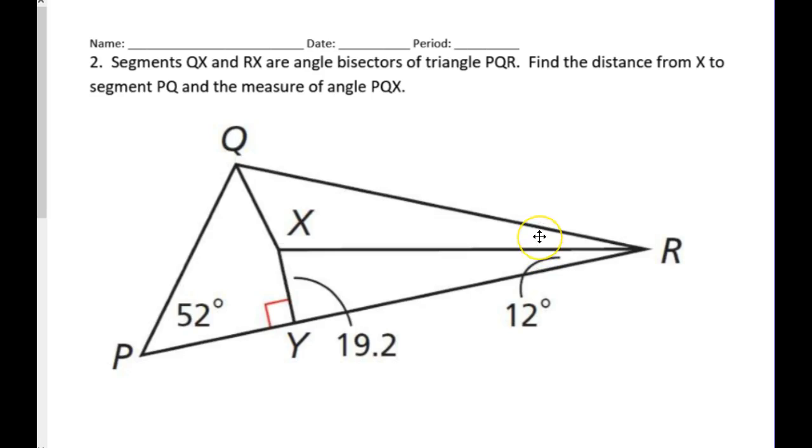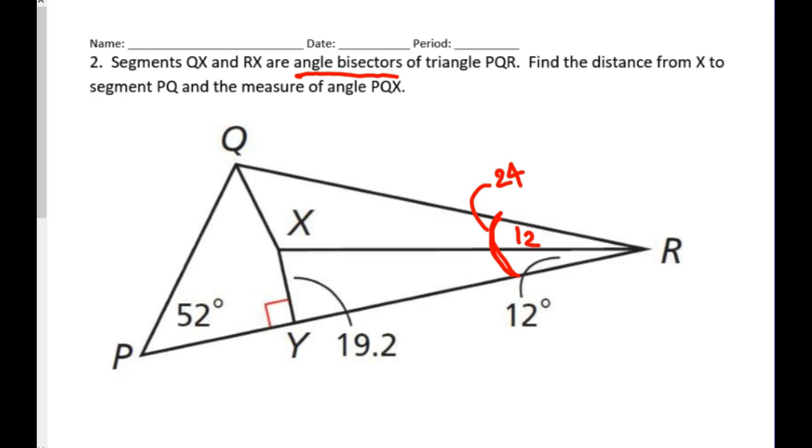XRQ up here is also going to be 12, okay? So let's label that. If both of those halves are 12, what's the whole angle YRQ? 12 plus 12. So yeah, we get 24. So I've got my big angle on the right. QRY is 24. And I got my other angle, 52.